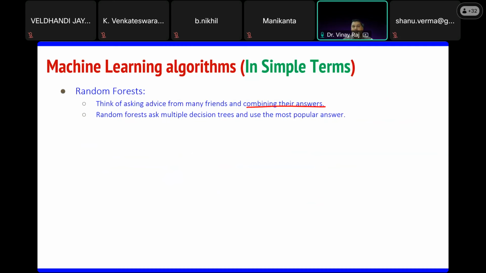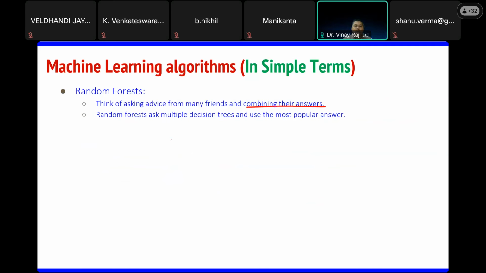Simple. Random forest means you want to make a decision. Instead of using your brain, you are asking your friends, please tell me, what is your opinion in this? Like this, collecting different opinions, combining them, and whichever is more popular, that is your final decision. So random forest is such an algorithm where you ask multiple people, get their opinion, and whoever got more votes.